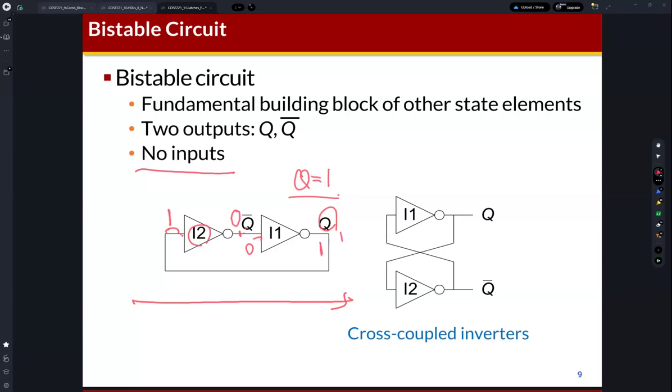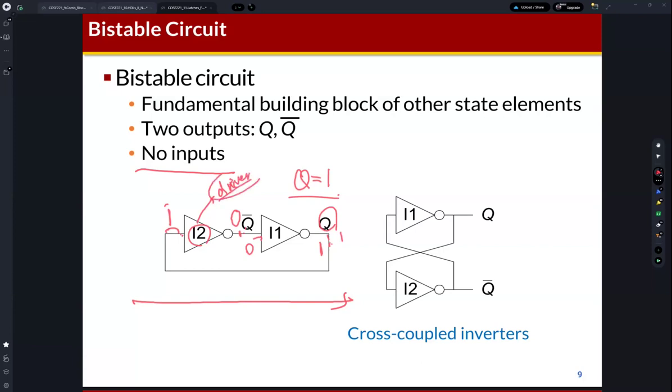So what can you observe? If a certain signal value is decided in this circuit, like Q equals 1, then this is 1, this is 0, and this is 1 continuously. And this is the driver.